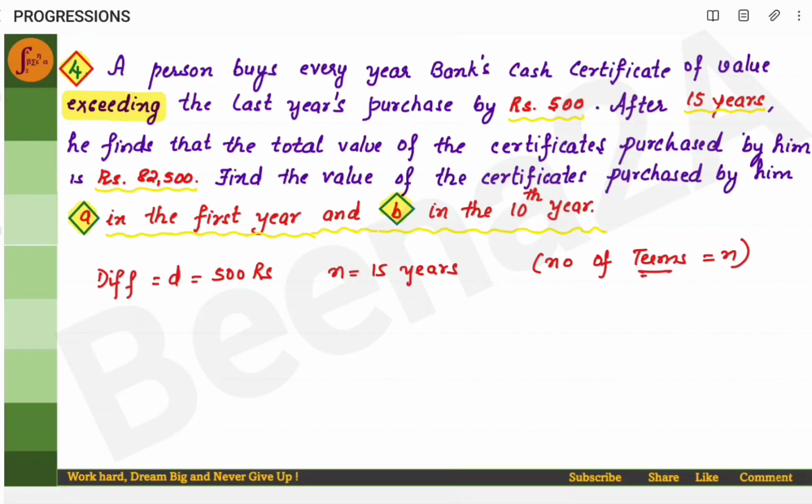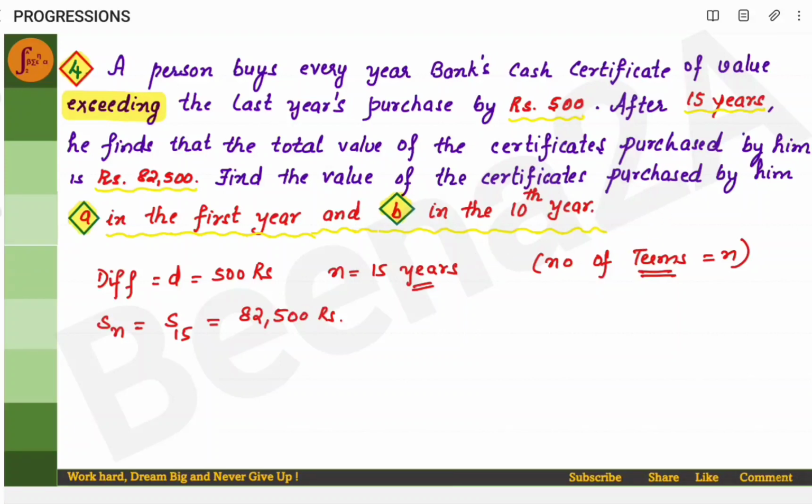Here, instead of terms, it's years. So N is 15. The total value of the certificates is 82,500. Total means the sum. We know S N, or S15 here because N is 15. So S15 is equal to 82,500 rupees, right? So we have put in everything that we know from the question.